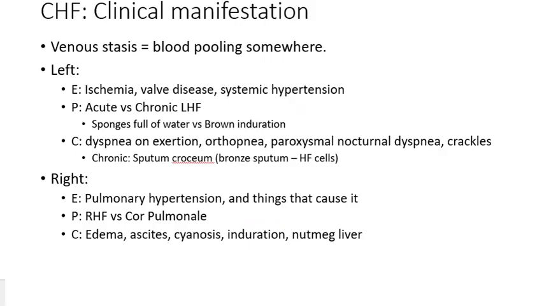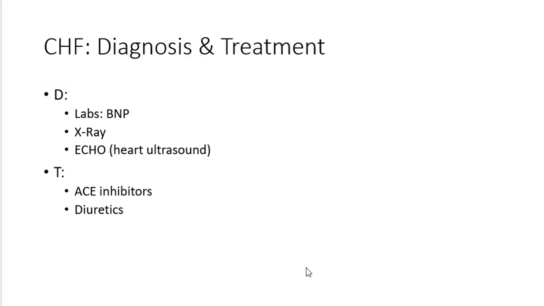Next, for heart failure, we just jump to the diagnosis and the treatment. This is basically typically just for internal medicine. You won't need this so much for pathology, but it's still helpful. So how do you diagnose it? There are the labs, which are basically blood tests. In a blood test, you'll have an increase of BNP, brain natriuretic peptide.